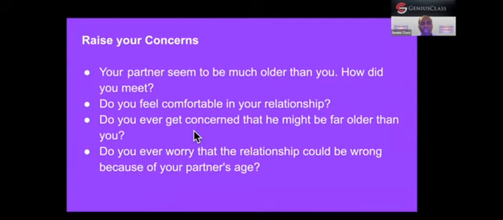Do you ever worry that the relationship you are in could be a wrong relationship because of your partner's age? Have you ever thought that there could be something wrong with your relationship?